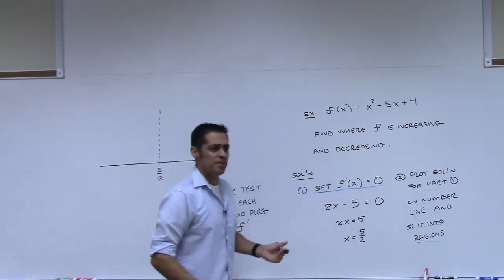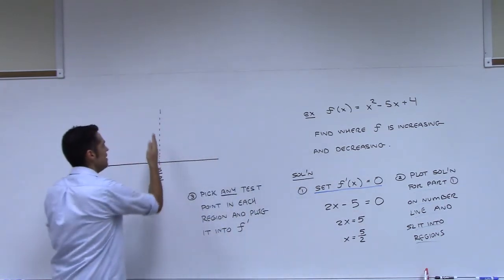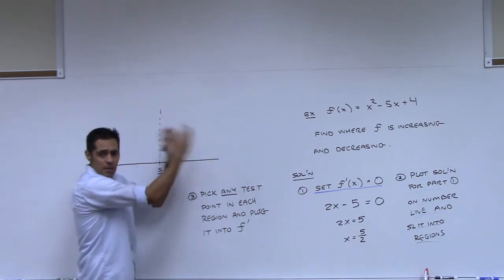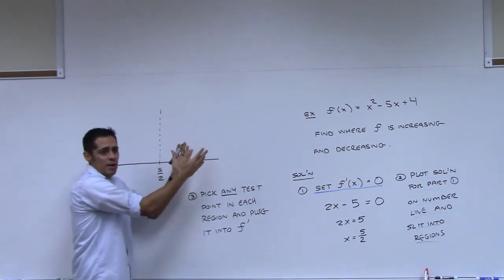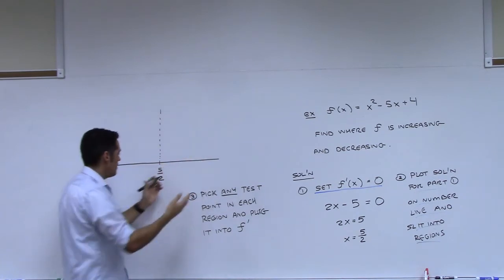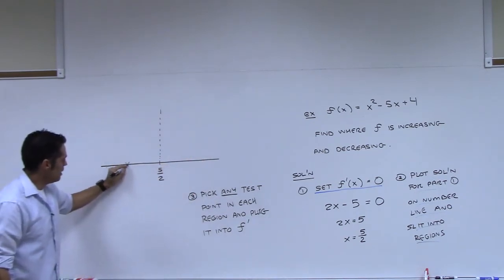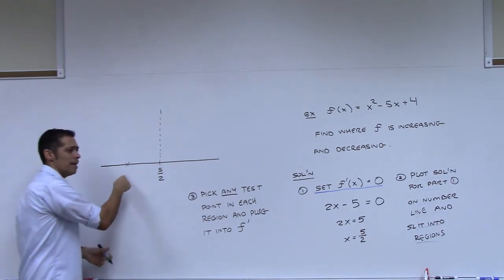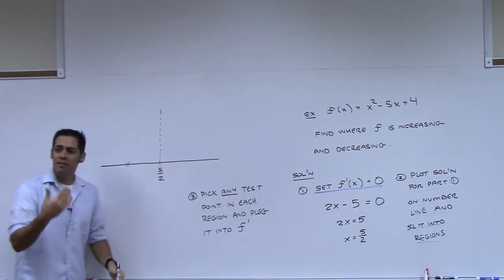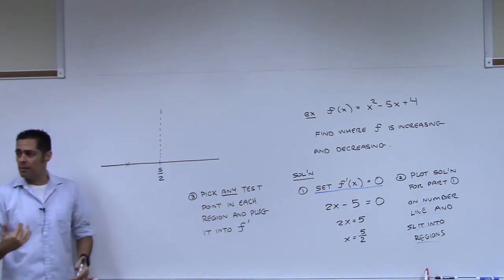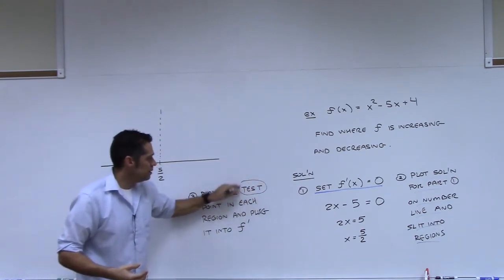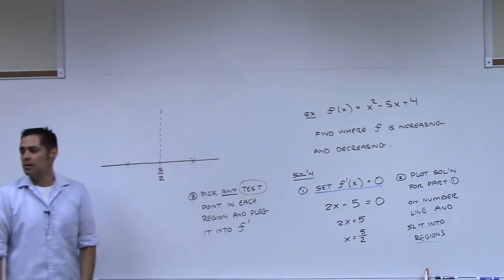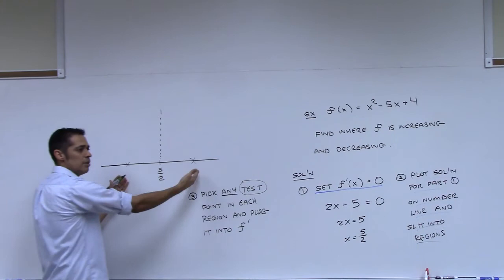So if the slope is 0 there, then to the left of it I'm either positive or negative, and to the right of it I'm either positive or negative. I don't know which one it is, right? So I'm going to pick some point over here, any point that I want, and plug it into the derivative and see if it spits out a positive or a negative number. I'm actually testing to see what's happening. And then I pick a point over here and do the same thing. I have to pick one in each region.